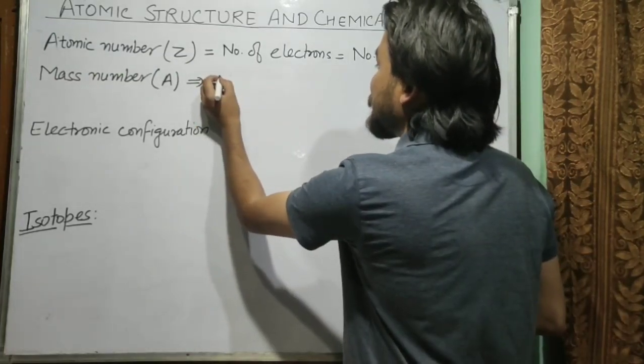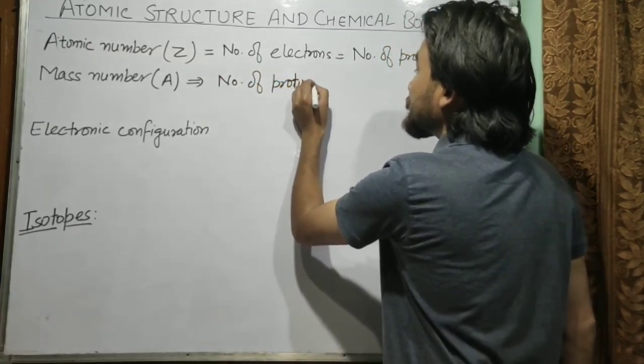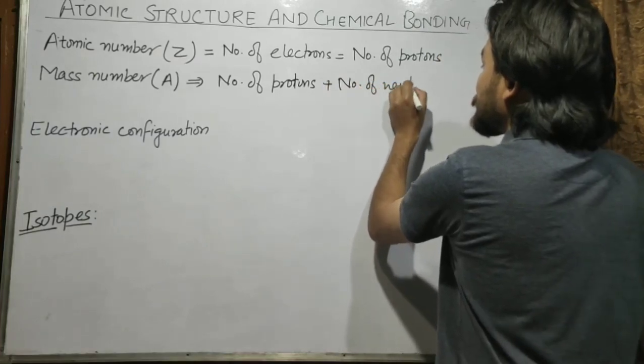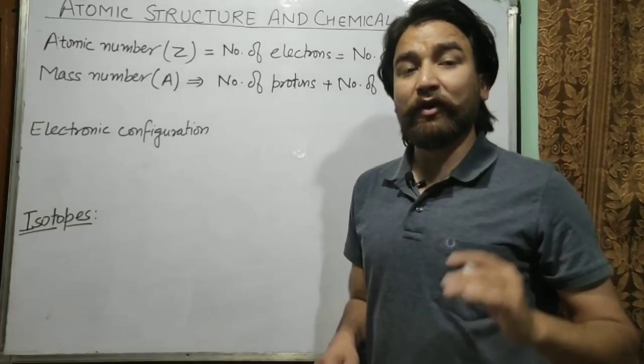So what is the mass number? That is number of protons plus number of neutrons within the nucleus of any atom of an element.